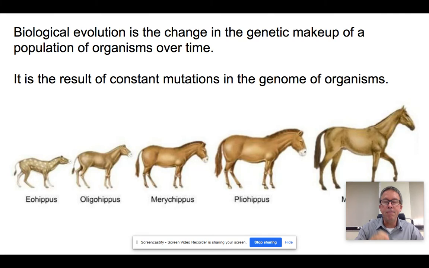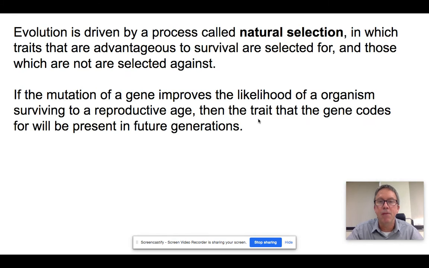So basically, what happens is over time, these small changes just continue to build up and build up until we start with this five-fingered mammal and we end up with this hoofed animal that we all know of as a horse. But this change happens gradually over time through a series of selections. And it's just this constant mutation that makes it happen.